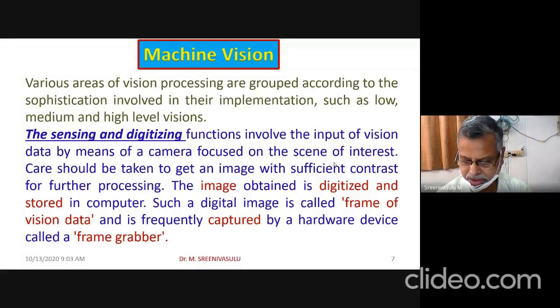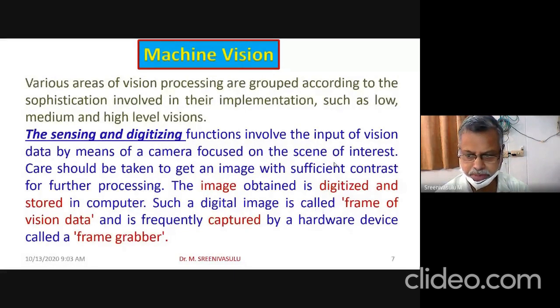Unless your image has a sufficient level of contrast, it is not possible to understand what data is available in it. Later, that image is digitized and stored in the computer. Such an image is referred to as a frame of vision data.